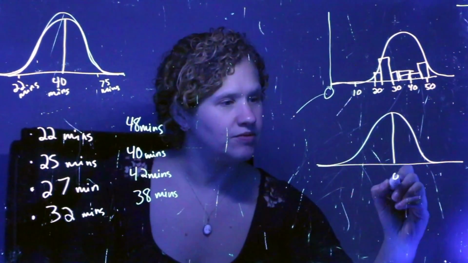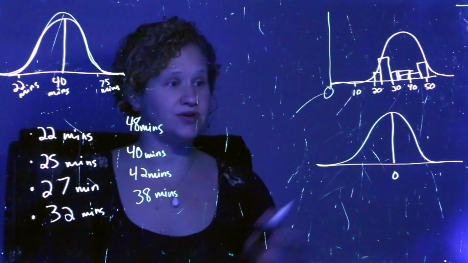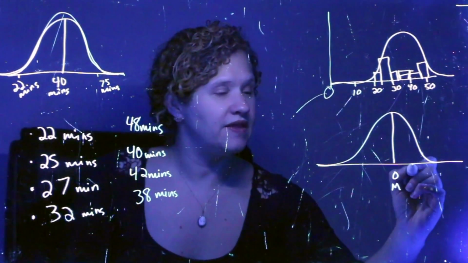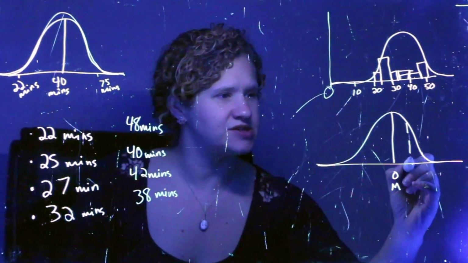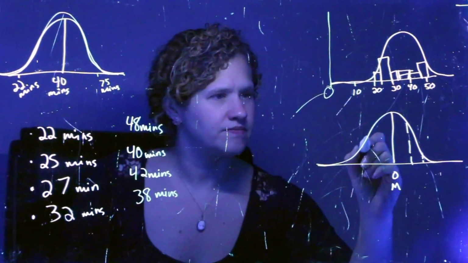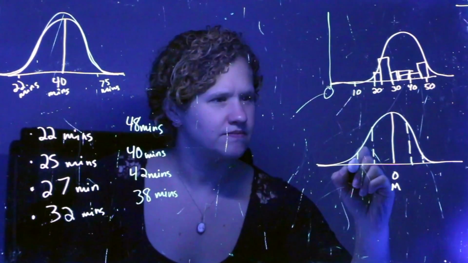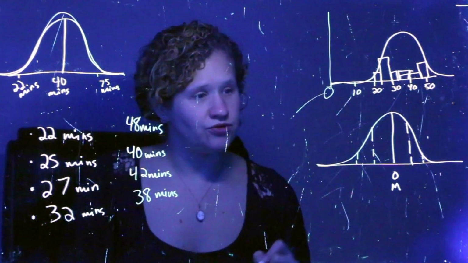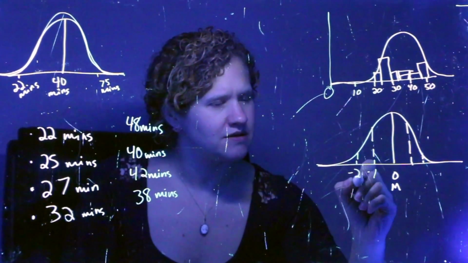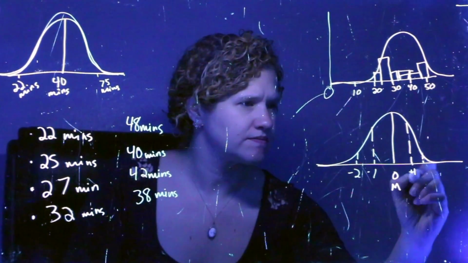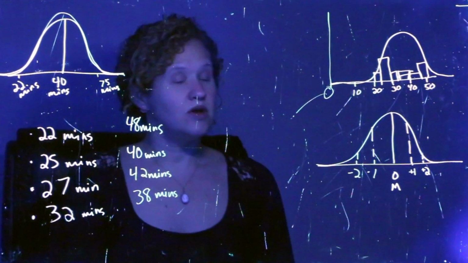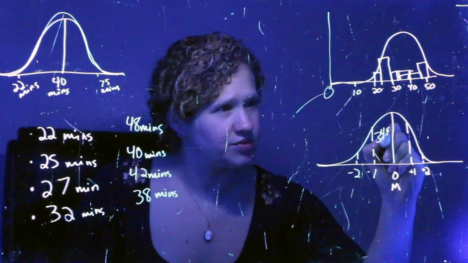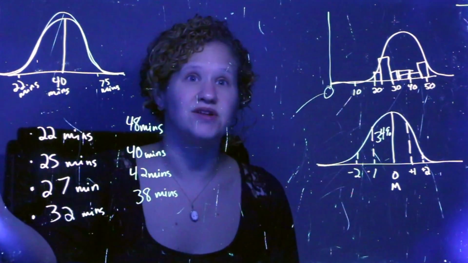So what we do know, and we're going to label this as 0 because it is the mean, okay? And then we're going to put our standard deviations. And this is not a perfect drawing, so forgive me. What we do know is that within one standard deviation of the mean, 34% of scores fall within this area.